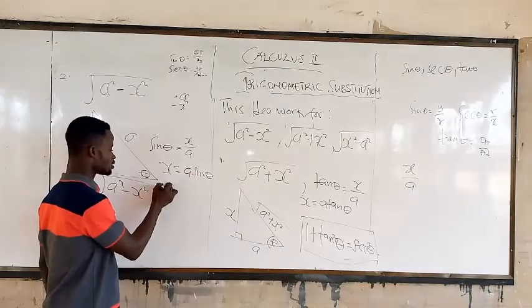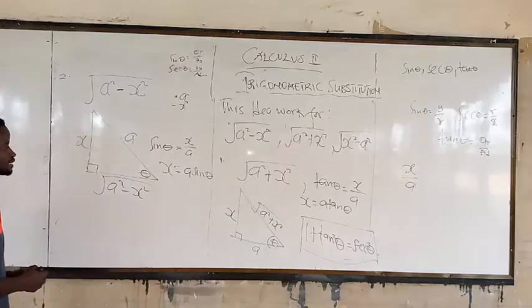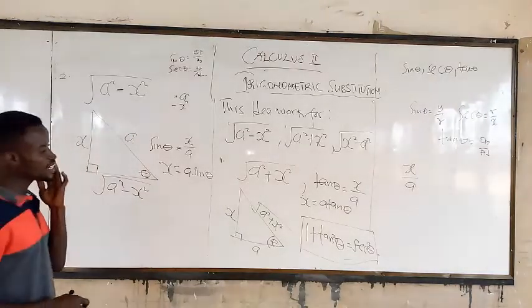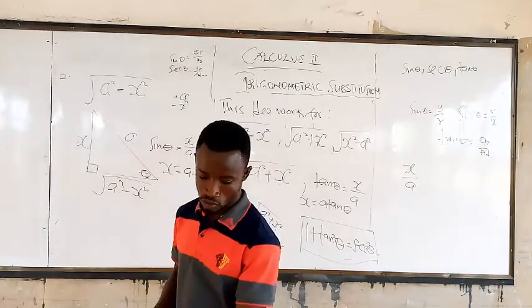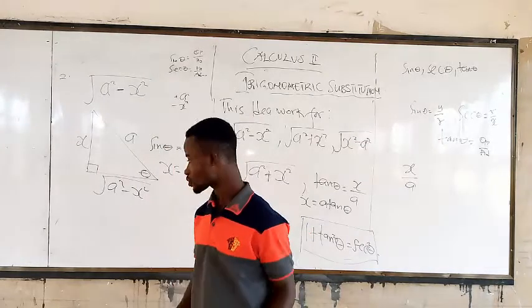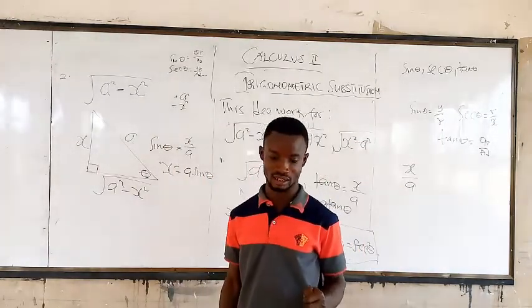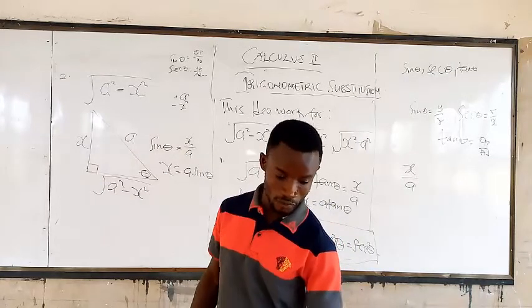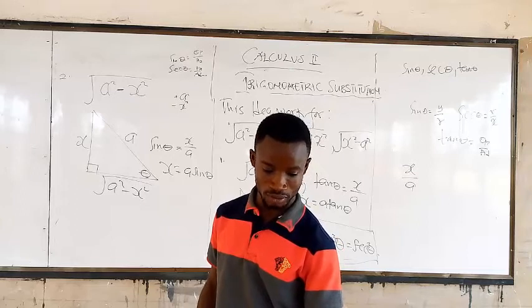Alright, so when you take the derivative, we do it in solving the question. But you will definitely need a trigonometric identity to do the substitution. And what is going to be that trigonometric identity? There will be a need of a trigonometric identity for you to do your substitution.